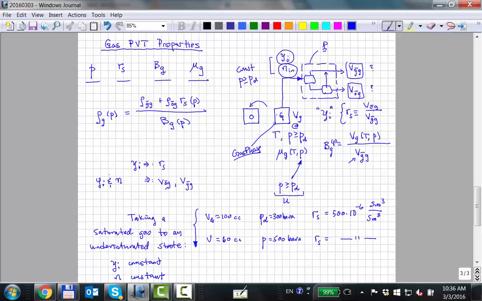The way we're looking at this, we're only looking at a gas phase entering a surface process. That allows us to calculate these three properties, and they can be calculated at any pressure greater than or equal to the dew point of that gas.